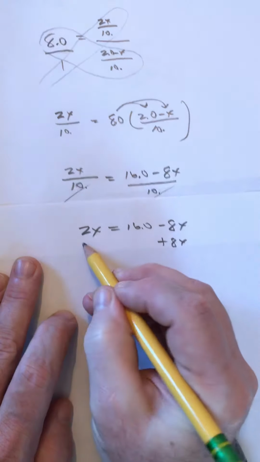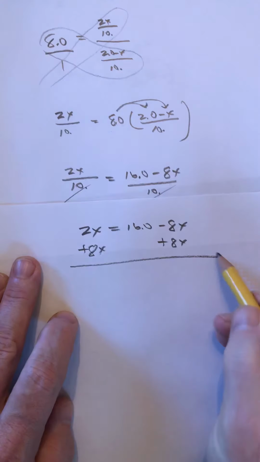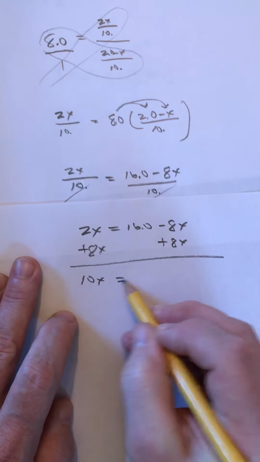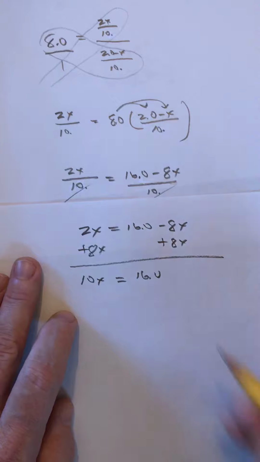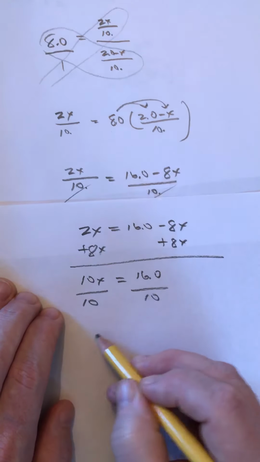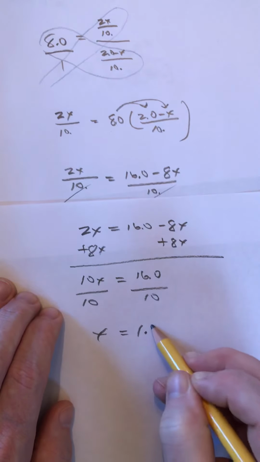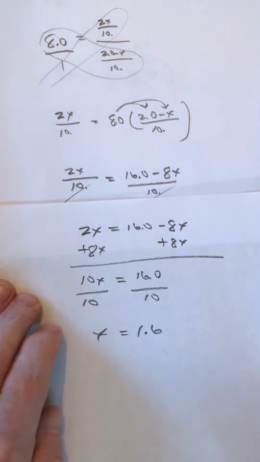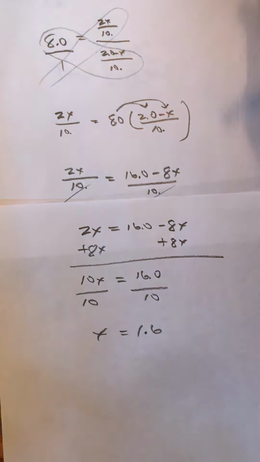Add 8x to both sides. 10x is equal to 16. Divide by 10. X is 1.6.